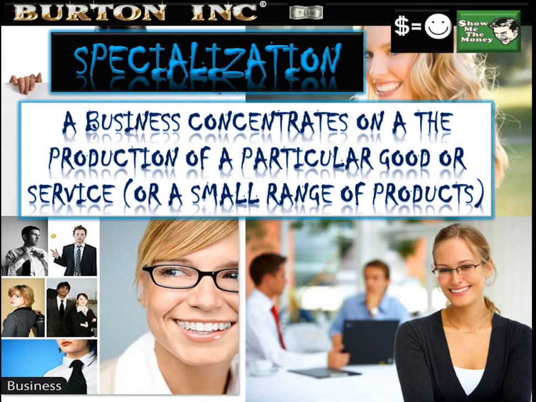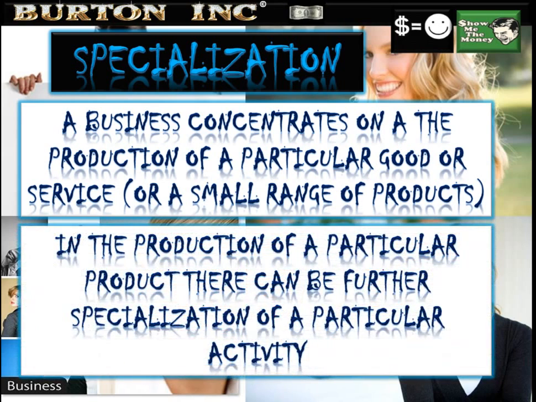But a business will concentrate on the production of a particular good or service, or a small range of products. Well, this is usually the case. Not always, but in 99.9% of instances. Now, within the production of a particular product, there can be further specialization of a particular activity. So if we are specializing in making cars, then there'll be further specializations of different activities involved in making those cars.